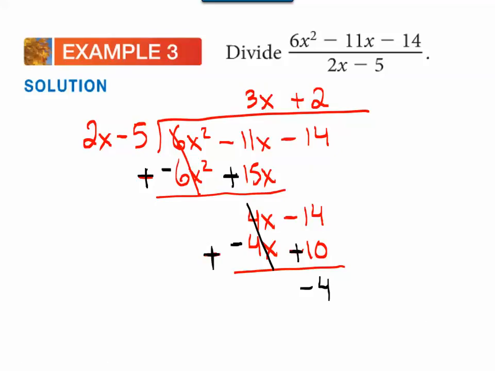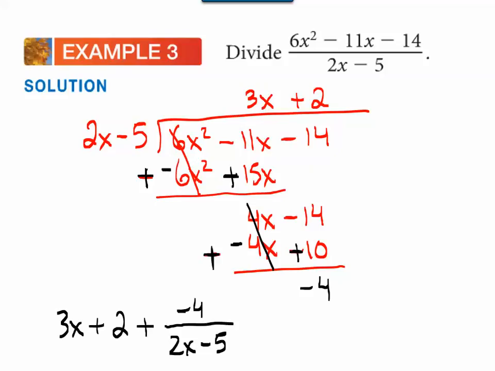Alright, writing down the answer, and let me just check something really quick. Okay, I want to see how they did that. So you're going to write it as 3x plus 2, and then plus negative 4 over 2x minus 5.